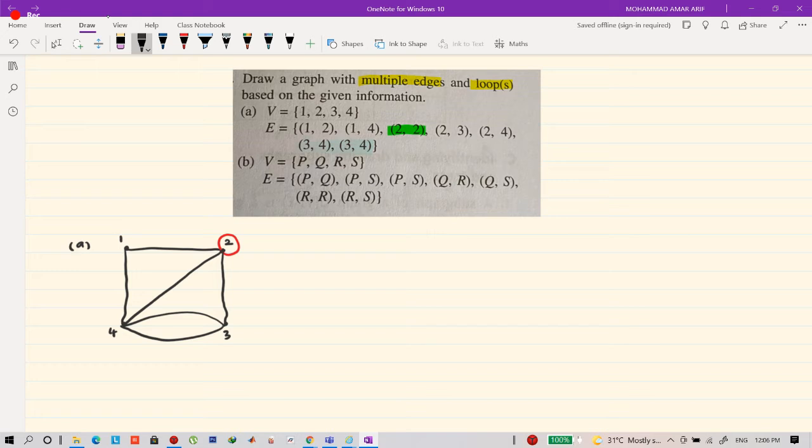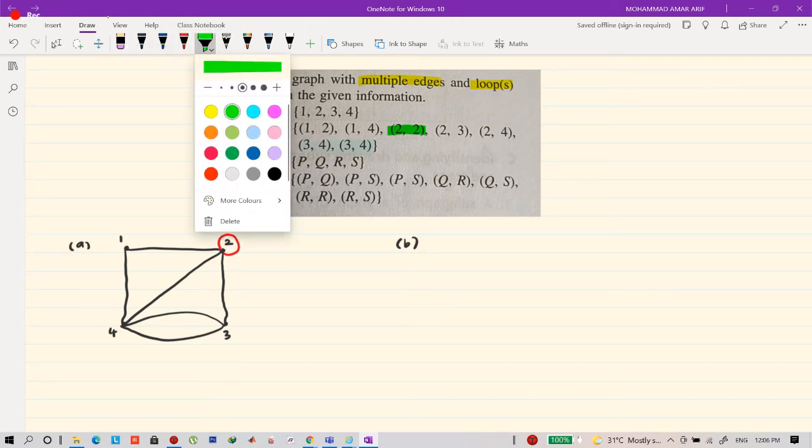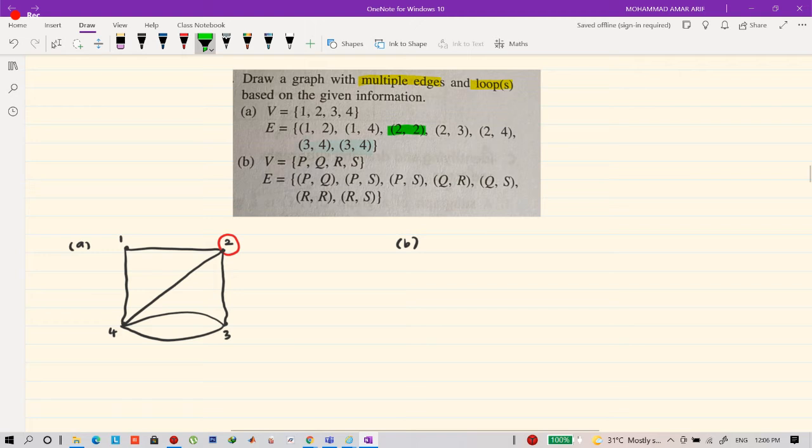And then let's go for B. Okay, for B we know the vertices are 4. So we will have 4 dots. So the second thing you need to know is you have to detect what is your loop and what is your multiple edges.